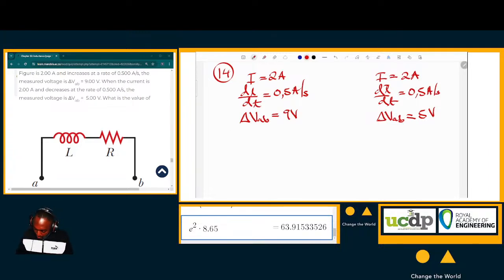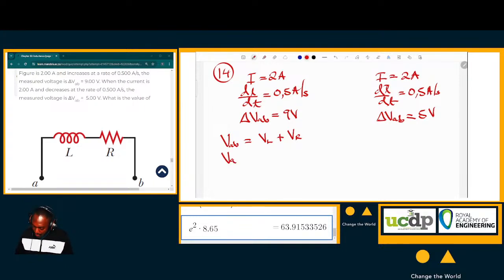So V_AB is equal to the voltage across the inductor plus the voltage across the resistor, in any direction if you like.